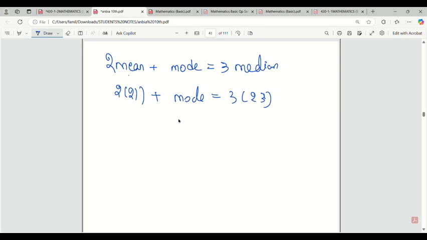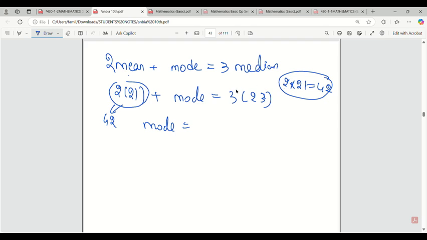So if I solve this, mode is equal to, if I take this 2 to the other side, 2 into 21 will give us 42. 3 into 23 will give us 69.